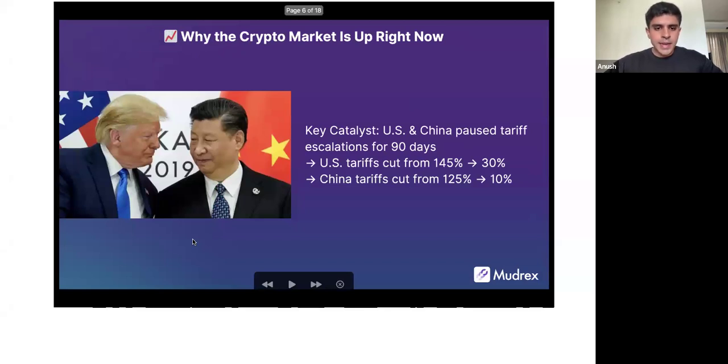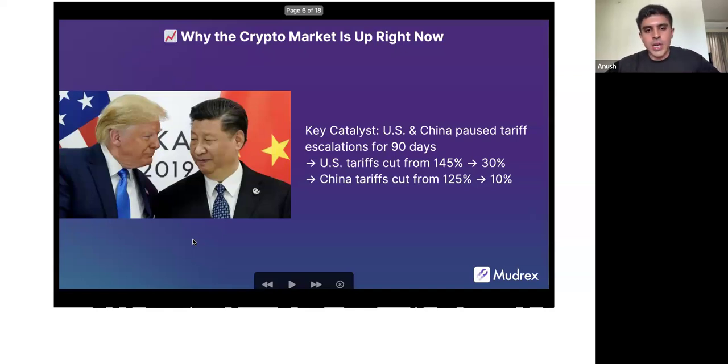So let's start. We're going to begin by understanding why the crypto markets have been rallying since the start of May. After months of uncertainty and sideways movement, we have seen a significant shift in momentum lately. And it's not just coming from within the crypto space. What is the primary reason for this? Really, it's because of a major development on the global economic stage.